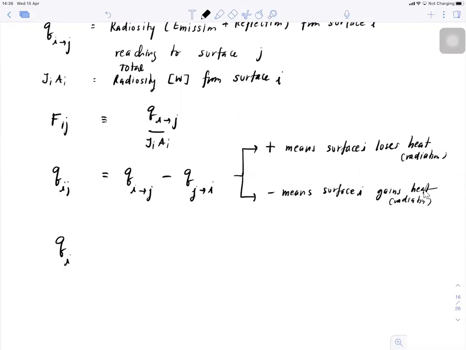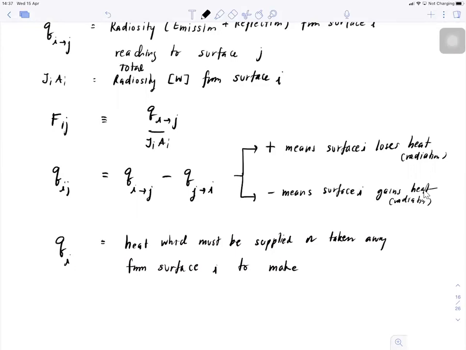Well, Q_i is heat which must be supplying or taken away from surface i to make the surface in equilibrium with the surface in enclosure.